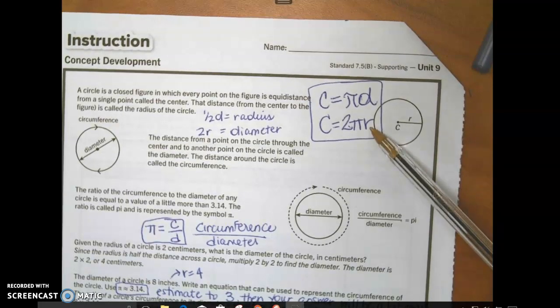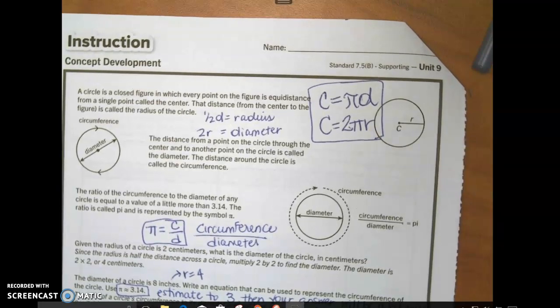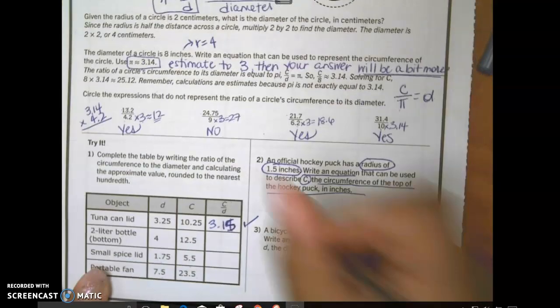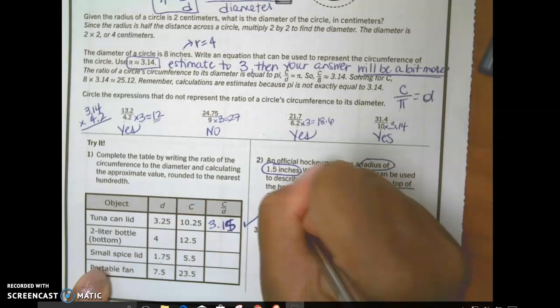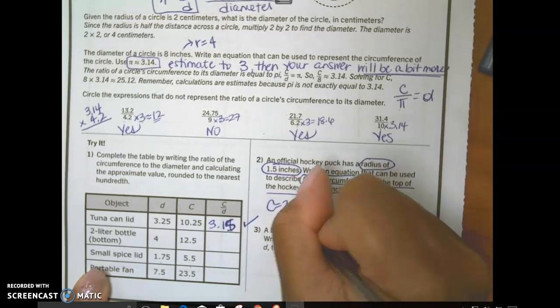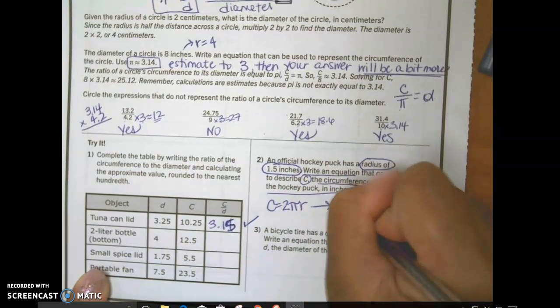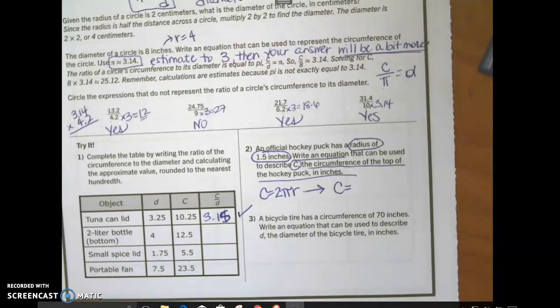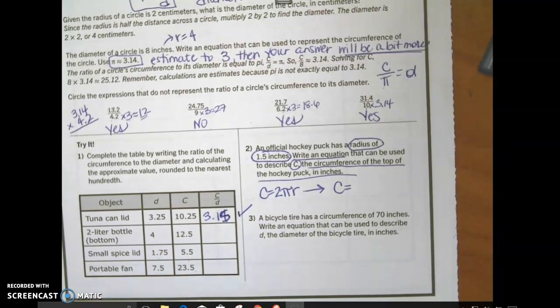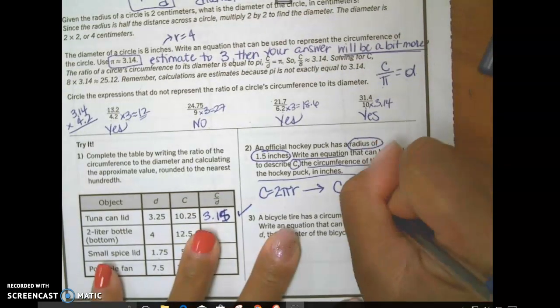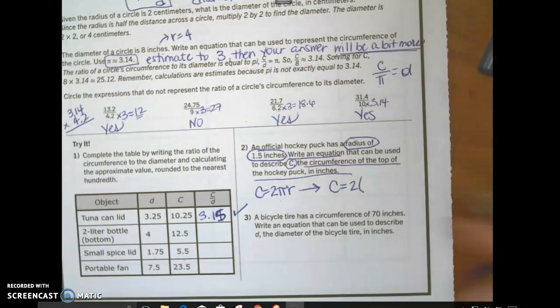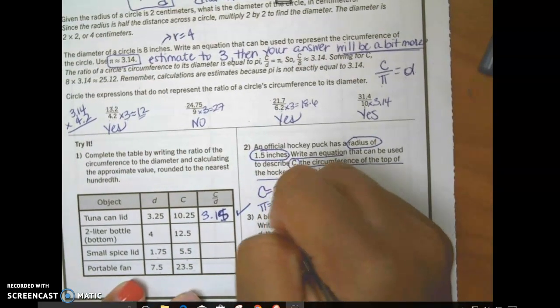Now, they're giving me R. So in question number 2, they just want me to write the equation. C equals 2 times pi times R. But I know what R is. So C equals what? 2 times what's pi? Pi is 3.14.